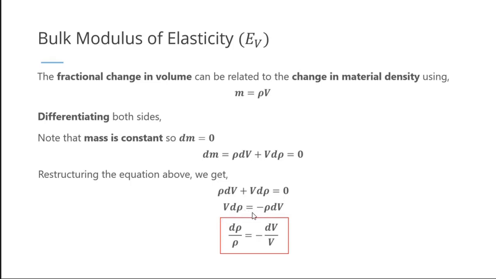So itong rho ibaba natin, then yung volume lipat sa kabila. So we have fractional change in density is equal to the negative fractional change in volume. So we have d rho over rho is equal to negative dV over V.